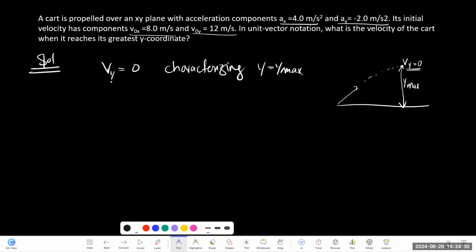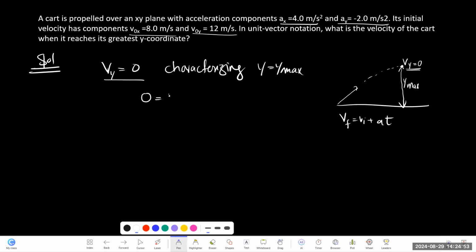Vy equals 0, so I'm going to substitute into the equation vf equals vi plus a t.